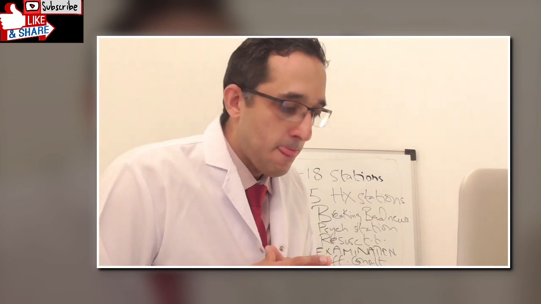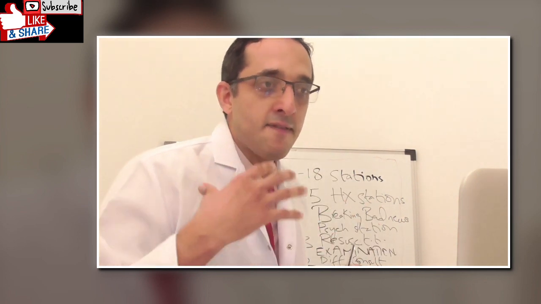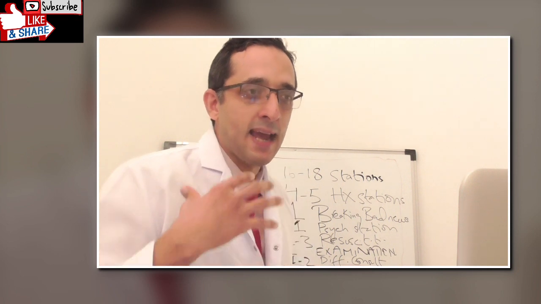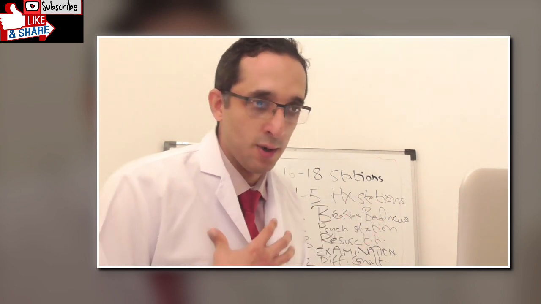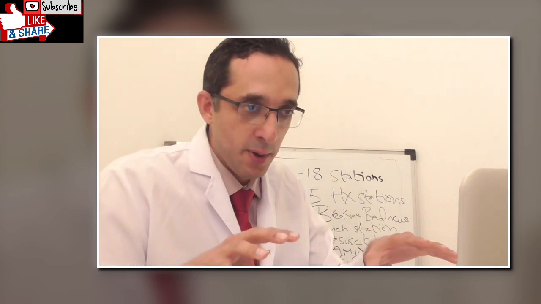Historically, I know this for a fact, a station has 30 marks, right? 20 marks were allocated to the checklist, 5 marks to the examiner's impression of you, and 5 marks to the patient's impression of you, okay? When I did my FRCEM, that got redistributed.